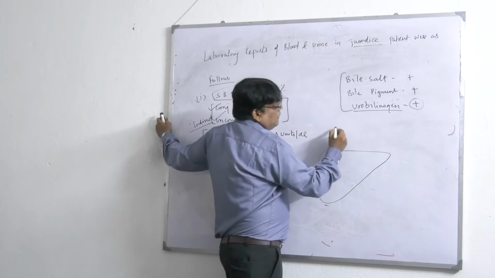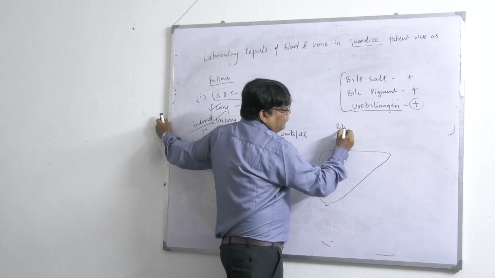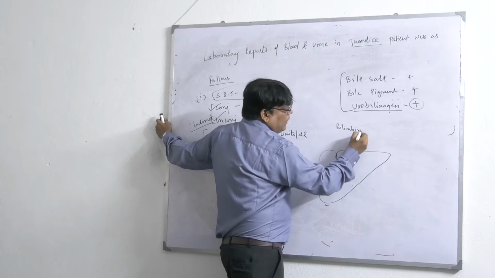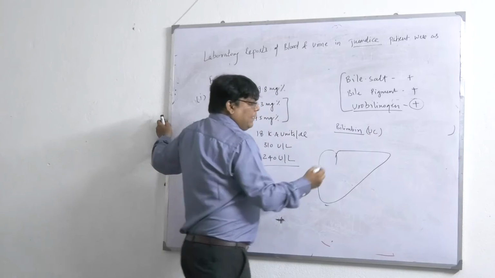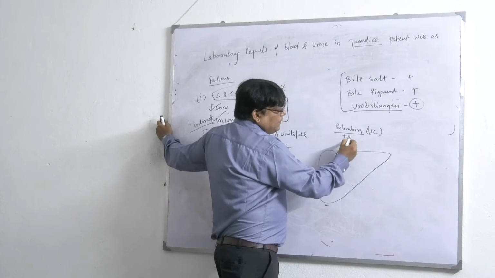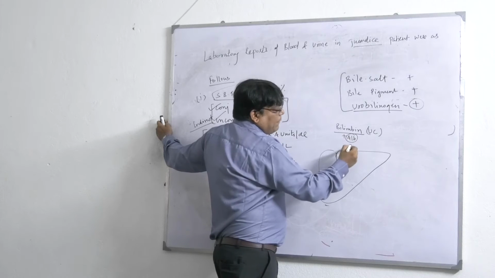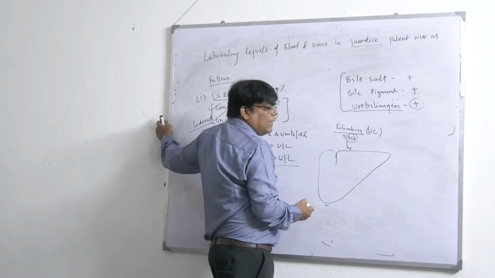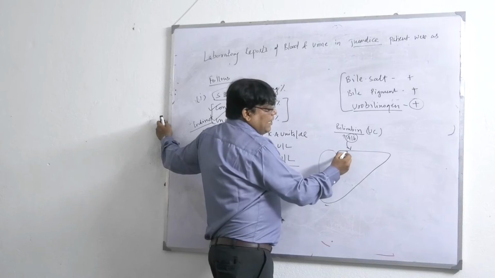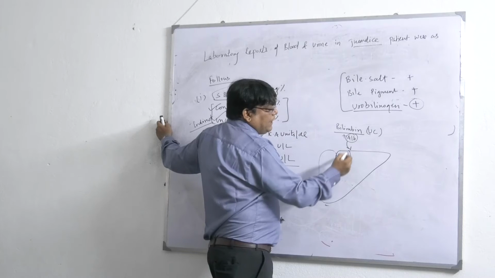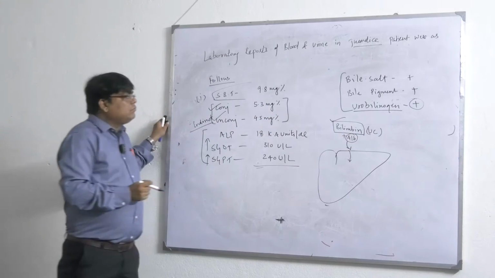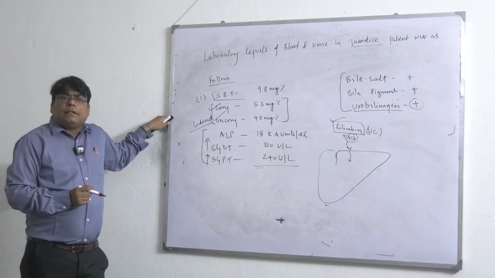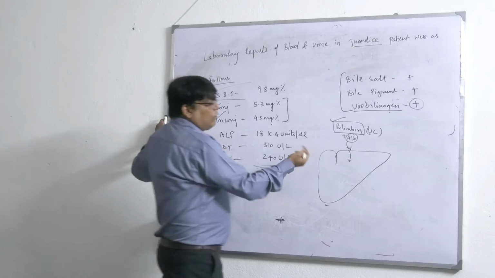what happened? Bilirubin is formed here, which you call unconjugated. It is combined with albumin, then it comes to the liver. Then the liver does not conjugate this bilirubin because the liver is not functioning well.